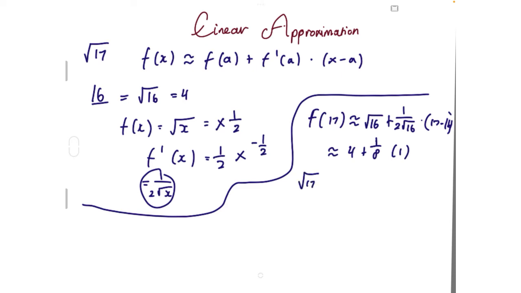So root 17 is approximately 4 plus 1 over 8, which will give us 4 and 1 over 8.